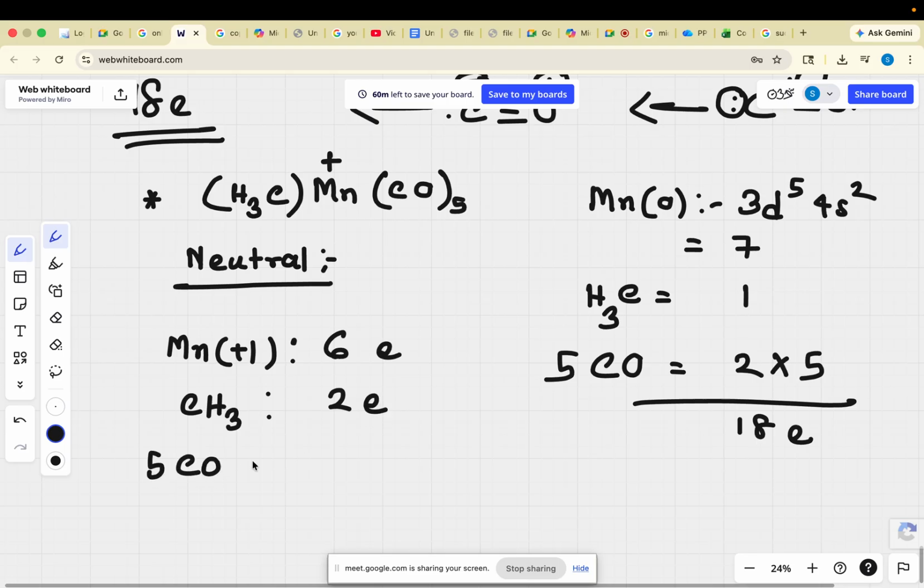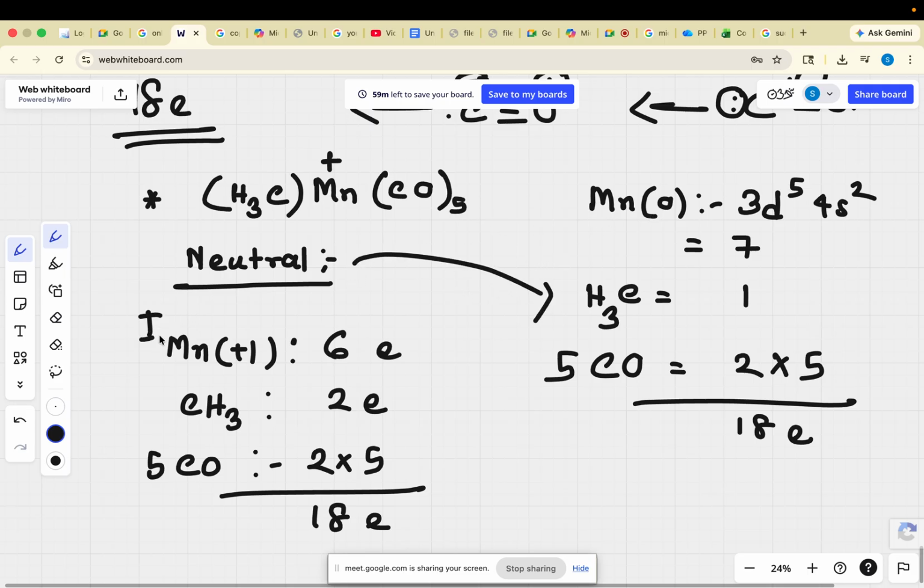And from the 5 carbonyls you will get 2 into 5. So here also you will get 18 electrons. The same number of electrons, but the process is different. This is your neutral method and this is your ionic method. Clear? Yes, sir. Clear.